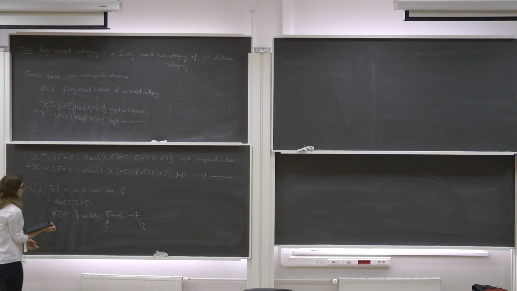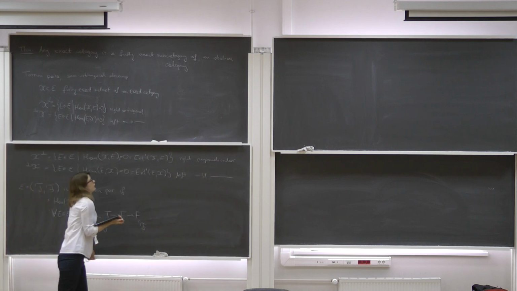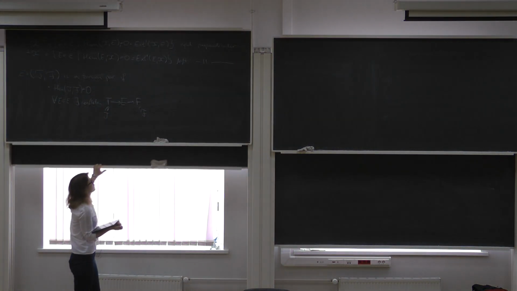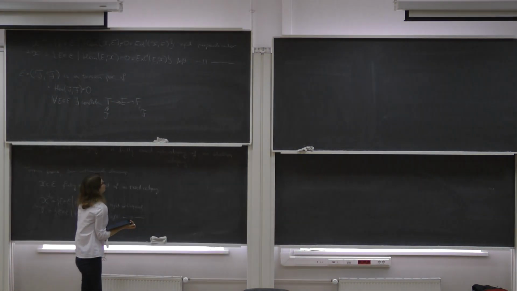I will say that a category is weakly left or right admissible if it fits into a torsion pair.